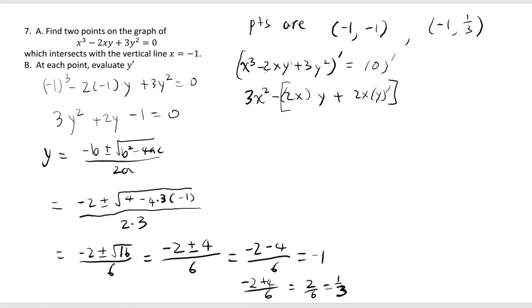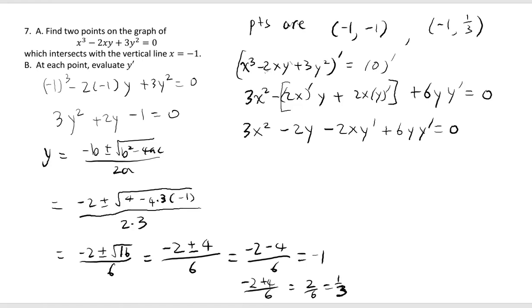And then when you differentiate y squared, 2 comes down, that's 6y, but then you differentiate the inside function and attach, so 6y y prime equal to 0. So what you get is 3x squared, sorry, there should have been a derivative here, 3x squared minus 2y minus 2xy prime plus 6y y prime equal to 0.